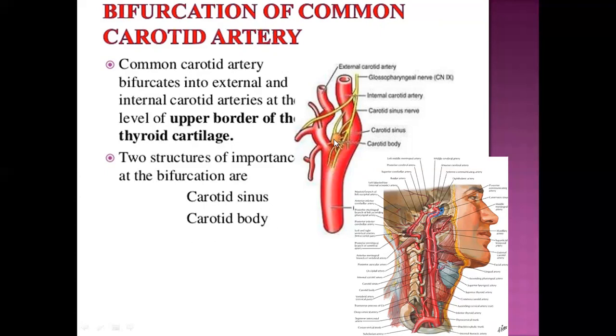This is a carotid body, a yellowish brown colored structure, which is present behind the bifurcation of the common carotid artery, and it senses increased levels of carbon dioxide and decreased levels of oxygen in the blood. Whenever the carbon dioxide level increases and the oxygen level decreases in the blood, this carotid body, which is supplied by the glossopharyngeal nerve, activates.